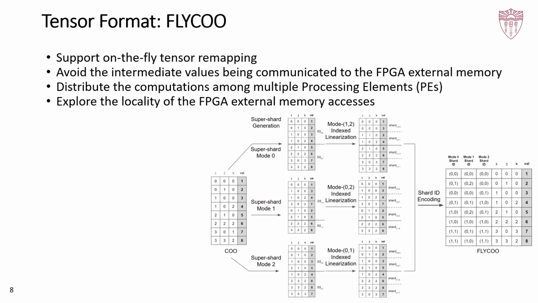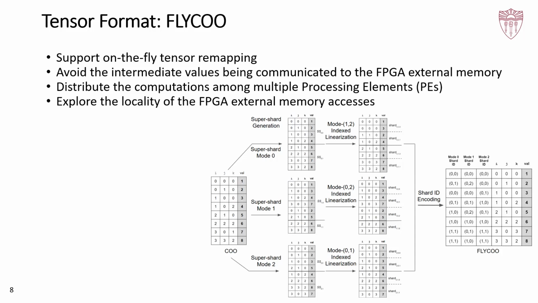To support this, we introduced the FLYCOO tensor format. Due to the constraint of time, we are not going into details of how to generate this format. But the idea of FLYCOO is to support this on-the-fly tensor remapping, having pointer values to support the remapping idea, and avoid the intermediate values being communicated to the FPGA external memory by introducing optimizations while generating the format.